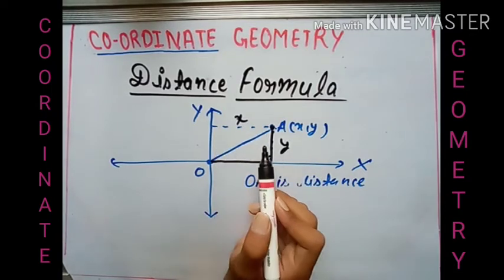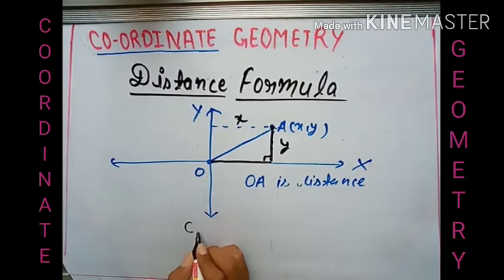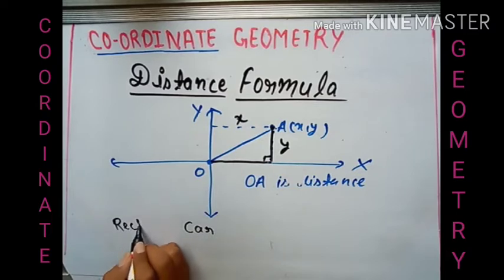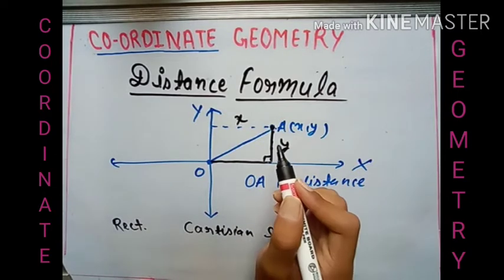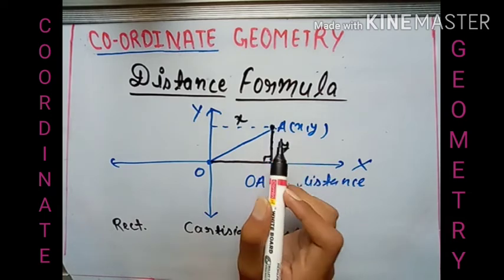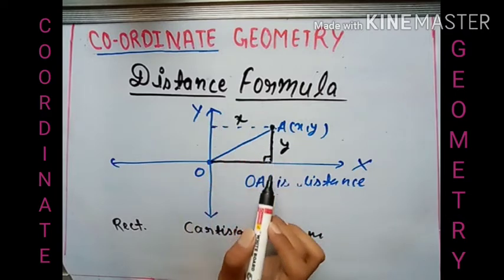So since this system is also known as the Cartesian system, rectangular Cartesian system, when you draw perpendicular distances for any point, you can clearly see that it forms a rectangle.